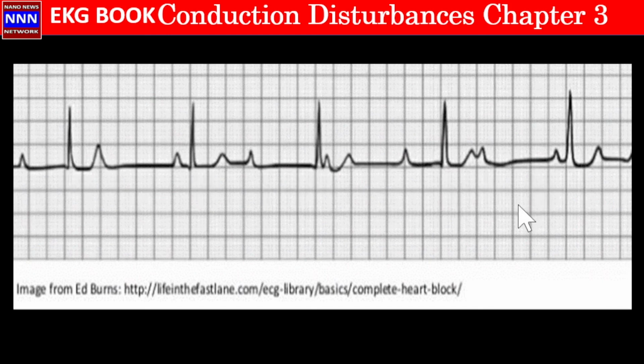So it is a case of a complete heart block where the atria are beating independently of the ventricles, and there may be an occasional beat that is conducted. If none of the P waves are conducted, that is like a definite complete heart block. If you have an occasional P wave which can get conducted, that may represent a very high grade AV block, especially in a situation like this.